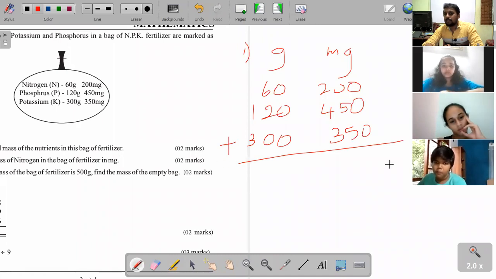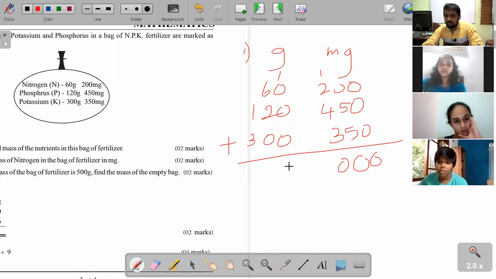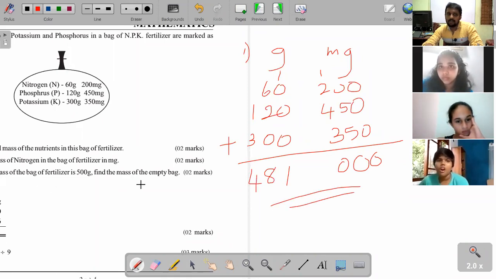We have to add. 0, 10, remaining 1. 1 plus 2, 3, 3 plus 3, 6, 6 plus 4, 10. Remaining 1. This one you have to write here. Why? 1 gram equals 1000 milligrams. No? 1, 8, 4. So what is the answer? 481 grams.